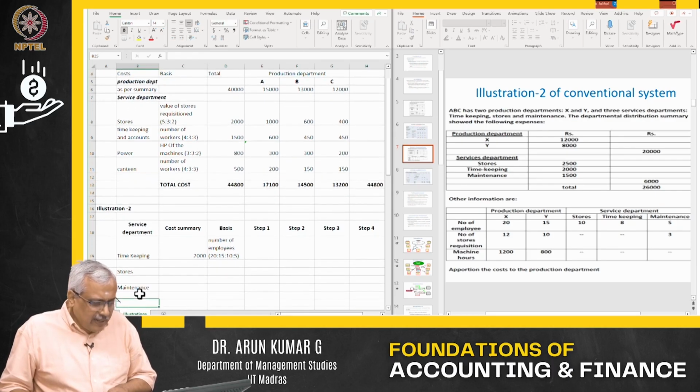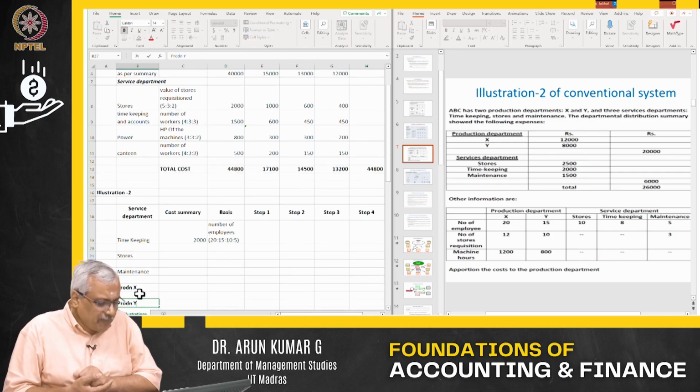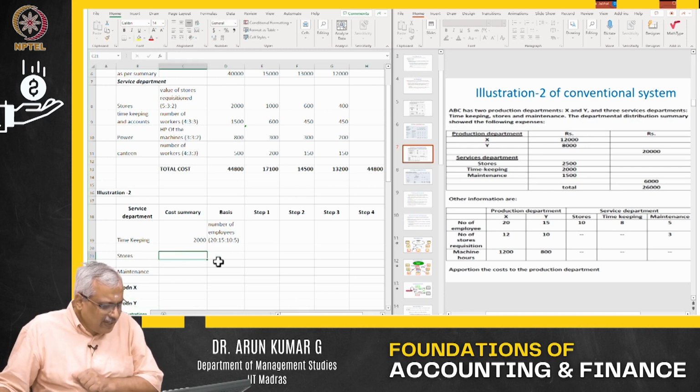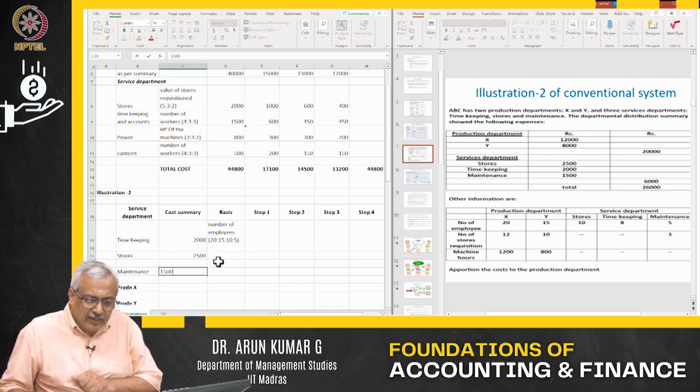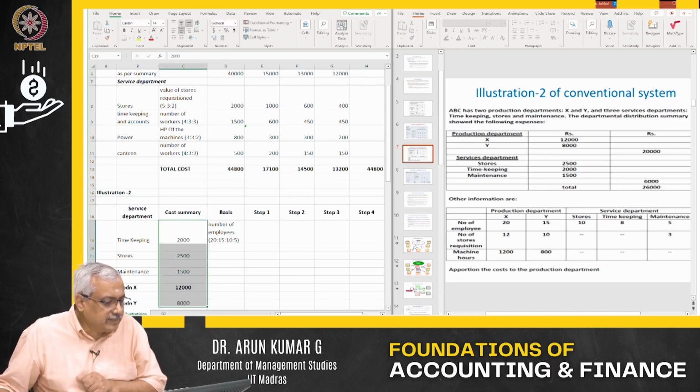Then I will have production department X and production department Y, and each has a cost already. The stores department has a cost of about 2500, the maintenance department has a cost of 1500, the production department X has a cost of about 12,000, and the production department Y has a cost of about 8,000 in this case. I am just going to center all these numbers so that it is easier.